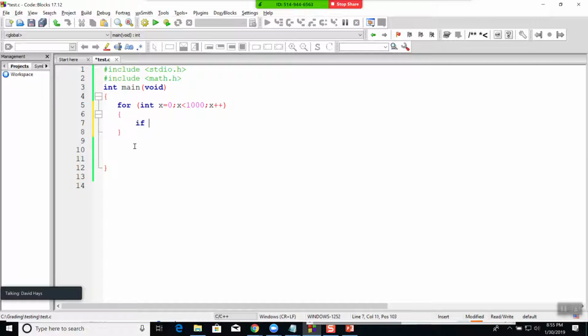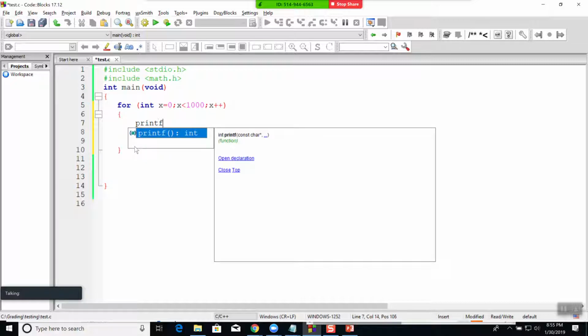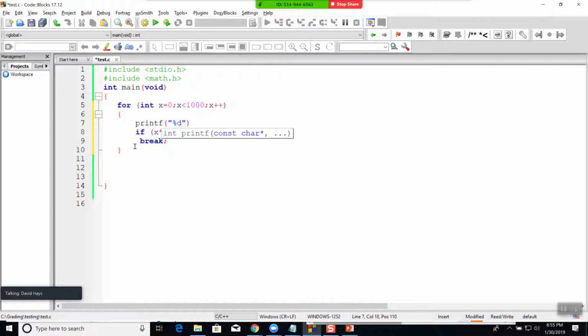Now, if x times x is greater than 200, then I'm going to break. And I guess I ought to print something so you can see that it's actually doing something. And outside of here, printf all done \n.